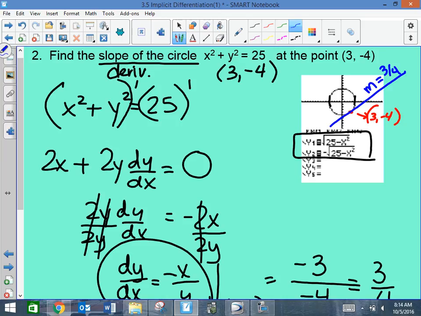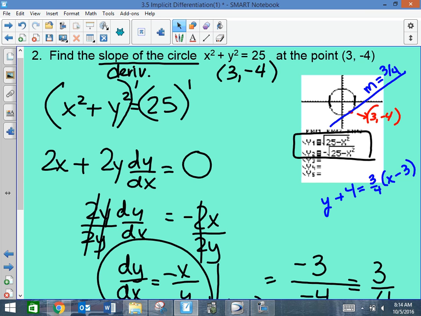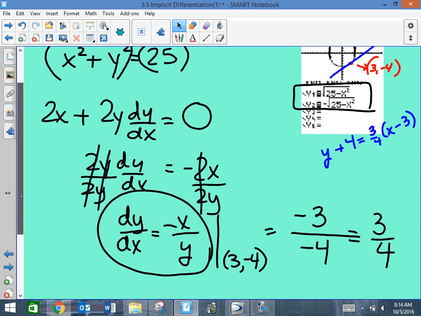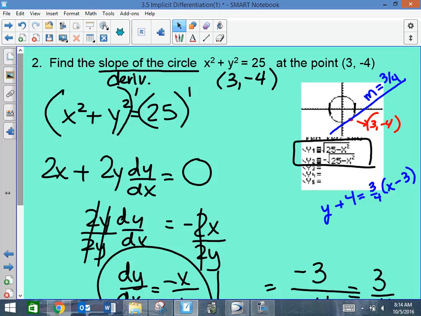So we could also find the equation of it, right? y minus negative 4 equals 3/4 times x minus 3, and then you can plug it in. Okay, good. So that's simple. You just do it normally, then attach your dy/dx.